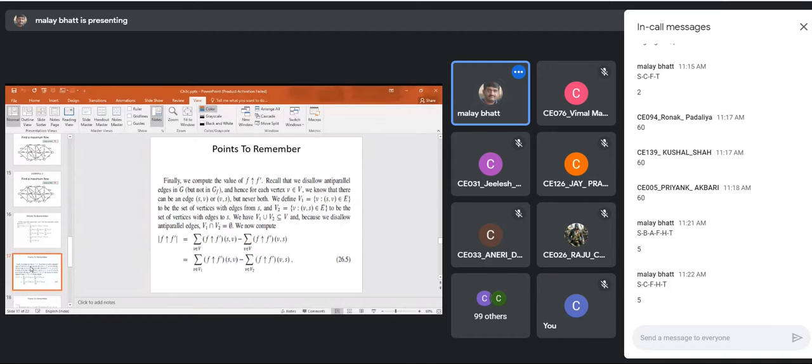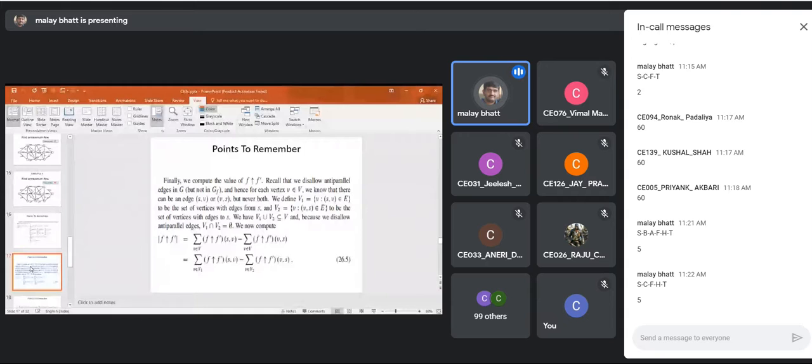And hence, for each vertex V which belongs to the set of nodes V, there can be an edge (S, V) or (V, S), but never both. In the original graph, either we have an edge from S to V, S being the source node, so there is an outgoing arrow from the source to some other node, or there will be an arrow from V to S, but never both.